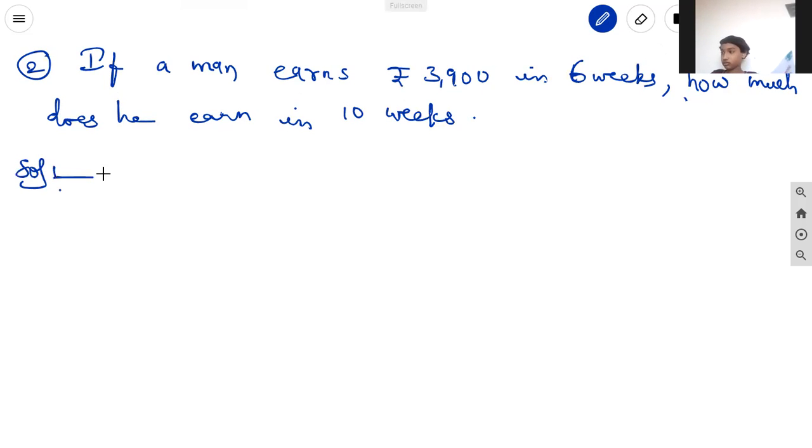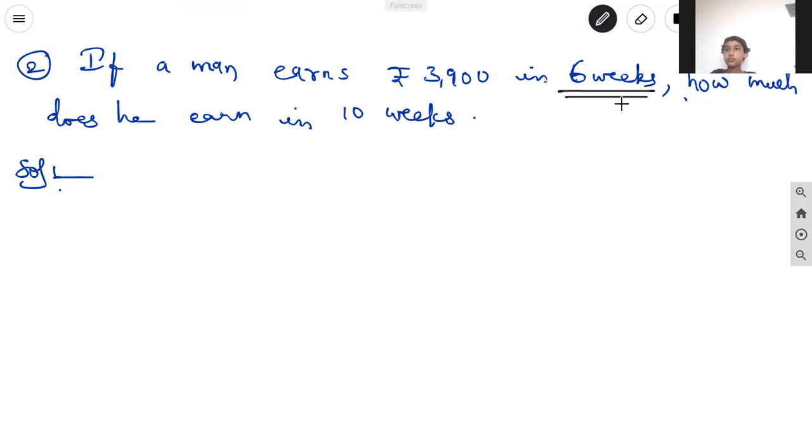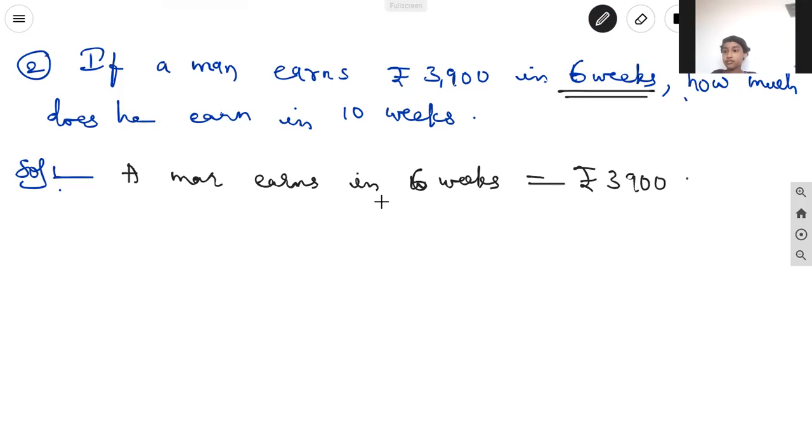Here, they have given 6 weeks earning. That is, a man earns in 6 weeks equal to 3,900 rupees. First, we can find out what a man earns in 1 week.